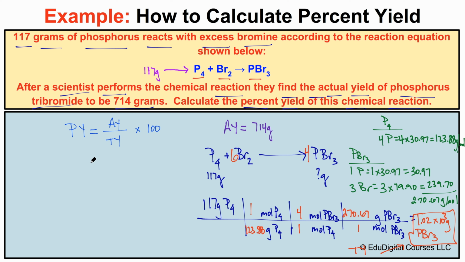So now, how can we figure out our percent yield? Well, to get our percent yield, we're going to take the actual yield. What did we get in the experiment? Well, if we take a look, the actual yield is 714 grams. We're going to divide this by the theoretical yield we just figured out is right here, 1.02 times 10 to the third grams, and then we're going to multiply by 100.